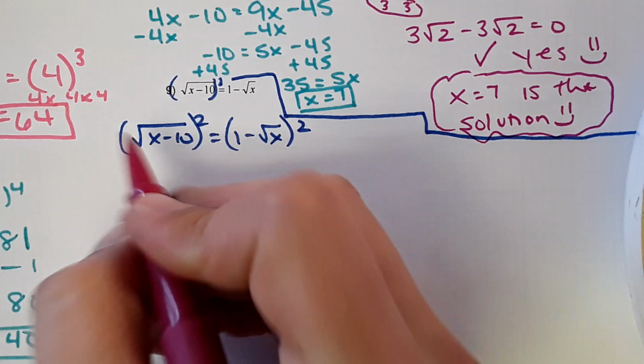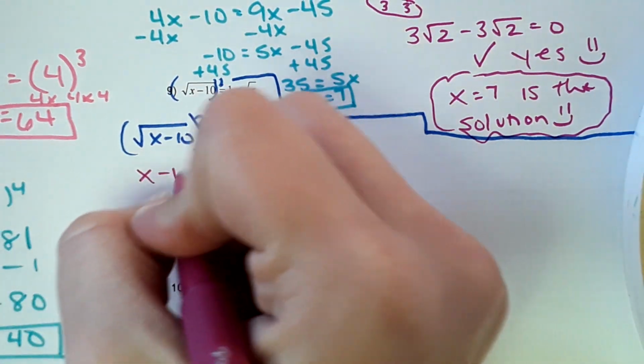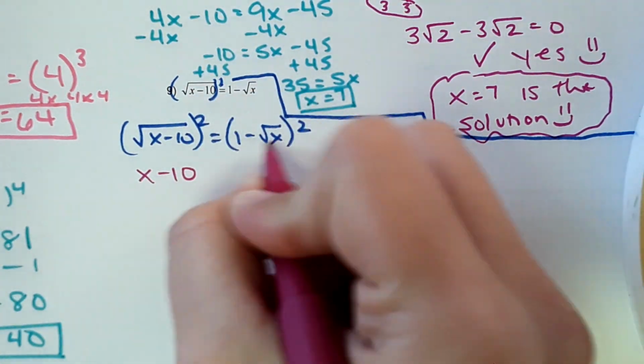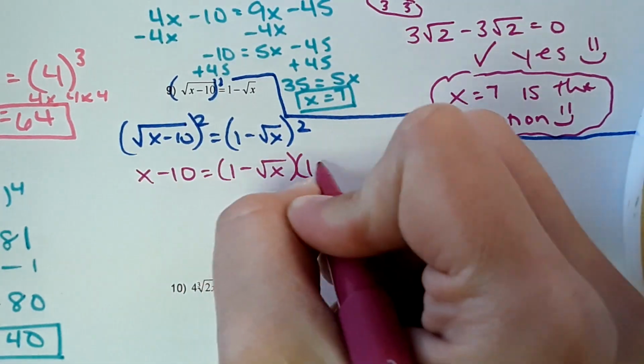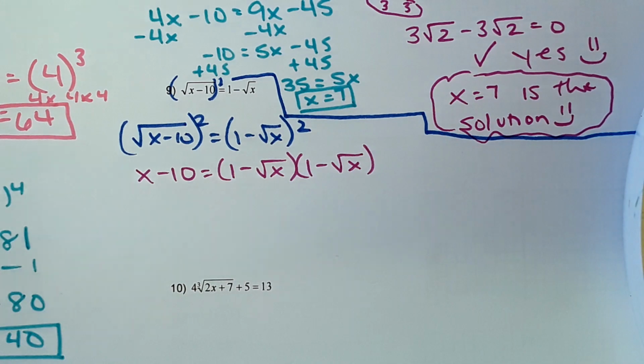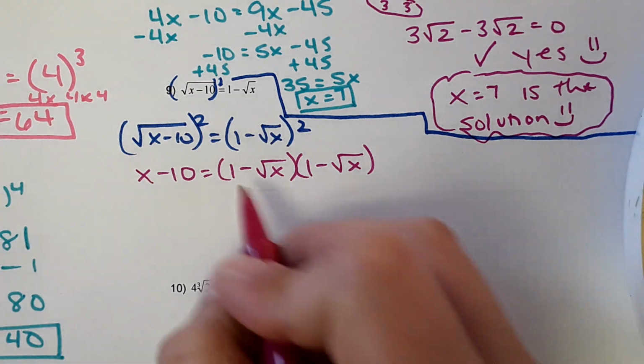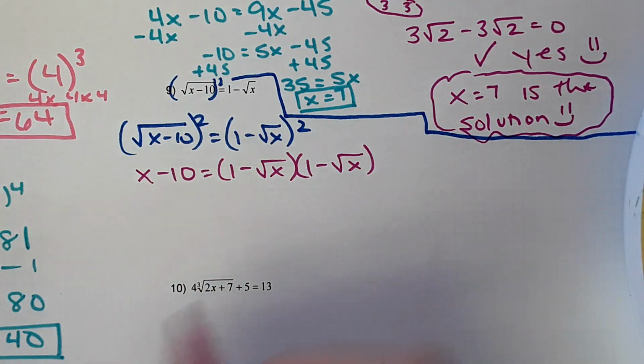What will this look like? This squared will just be x minus 10. Over here we actually have to FOIL though, so it'll look like this. And so we FOIL this out.